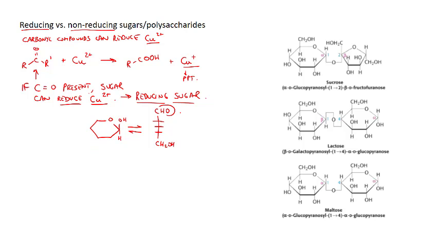And because we have a carbonyl group in our aldehyde in this case, this molecule can reduce copper. Therefore, it's reducing. Okay, so I will tell you right now that all monosaccharides, all simple sugars, are reducing.